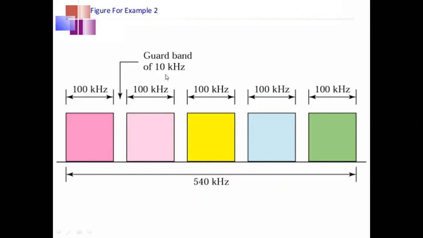The guard band is 10 kHz. How many guard bands here? 1, 2, 3, 4. 4 guard bands. Now 100K plus 10K plus 100K plus 10K, 100K plus 10K, 100K plus 10K, 100K. So the entire bandwidth is 540 kHz.